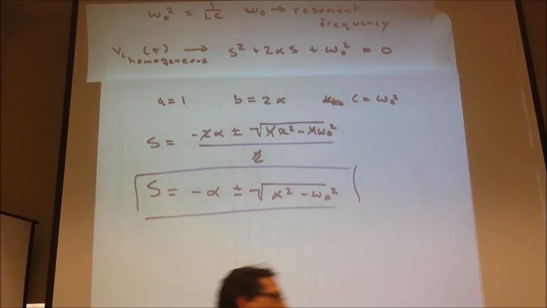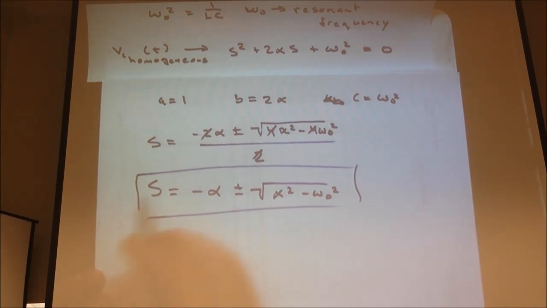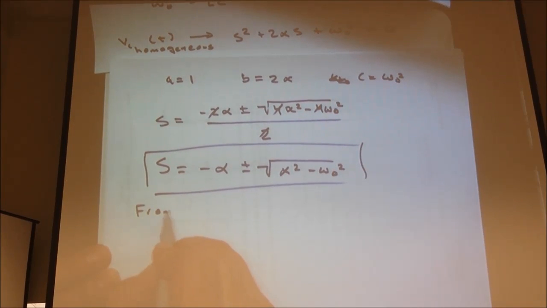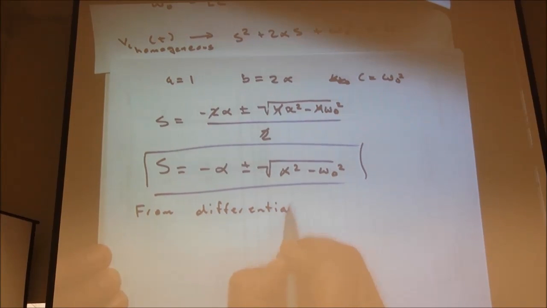So here's the magic trick. Once we get the differential form, from the differential form, find alpha and omega naught.